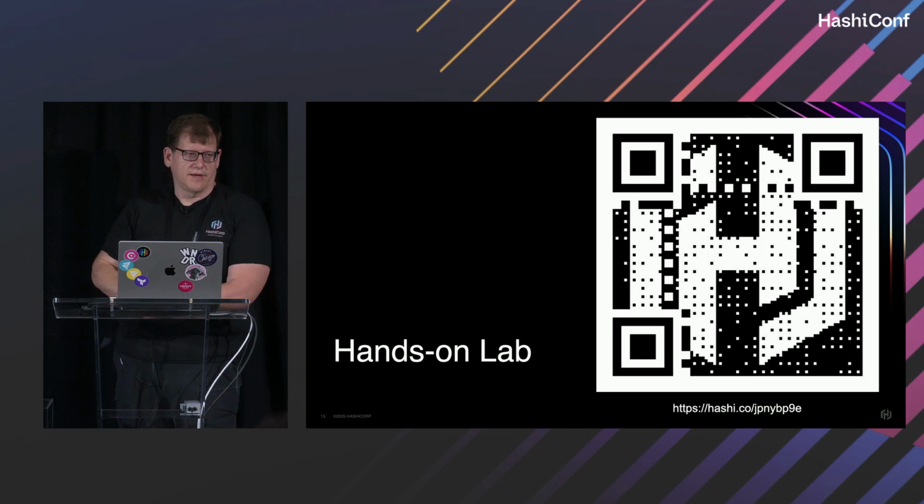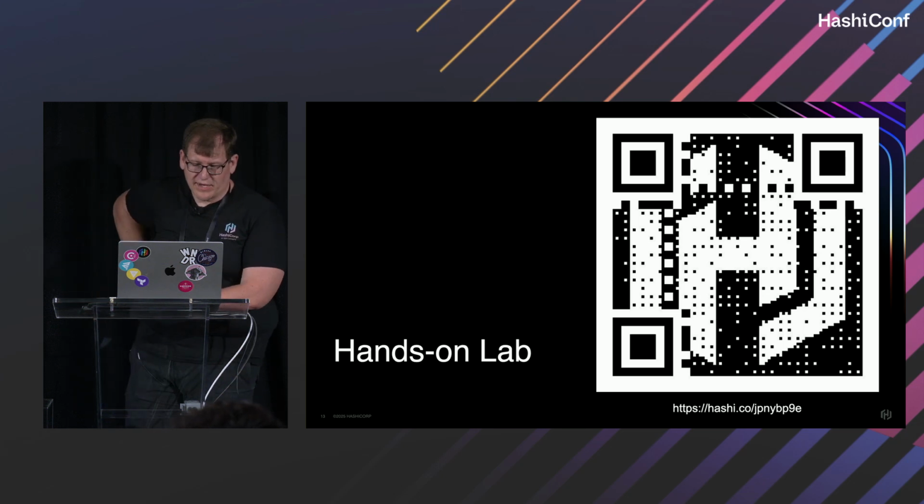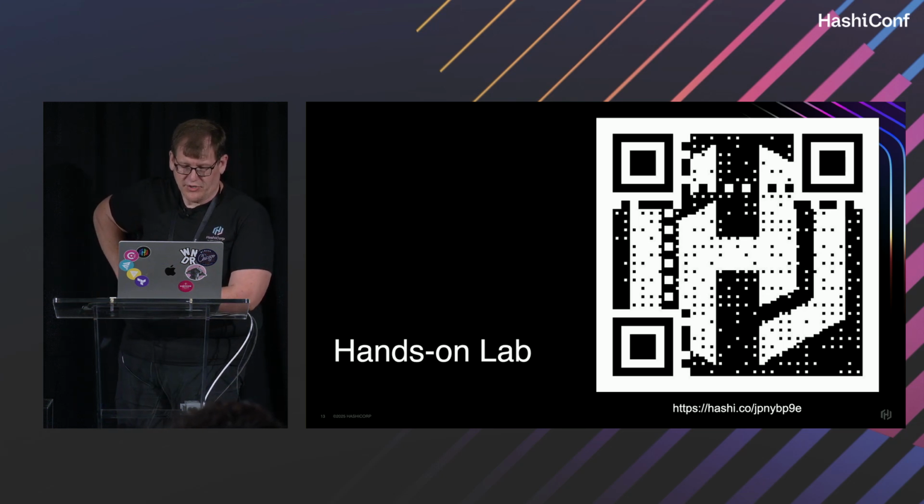And I'm not going to take it off the screen just yet, because I want everybody to have a chance to get at this. But here's your chance to get this launched. And again, I'm going to move on in a second, show you a diagram, and then we'll come back to a page with this QR code. And if you can't read that, that's hashi.to.